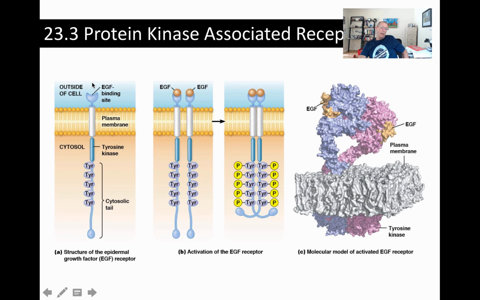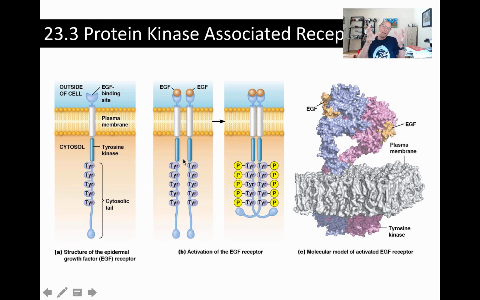So ligands bind to the external ligand binding site. So here we're looking at the epidermal growth factor receptor, and so epidermal growth factor will bind in this ligand binding site, and you can see in the three-dimensional model over here, here is one EGF receptor in purple, and here's another one in pink. And so in many cases what happens is that the binding of the ligand causes the individual proteins to dimerize, so they come together.